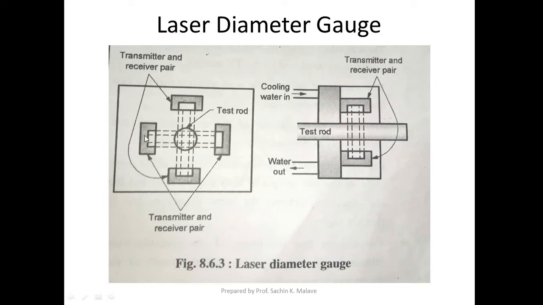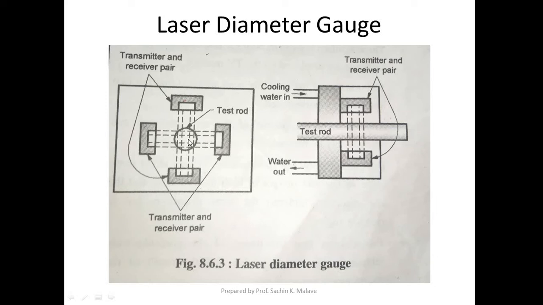Now this beam passes through a slit on the receiver, and that is focused on the photodetector with the help of a lens. Now a rod is going to pass between the transmitter and receiver.